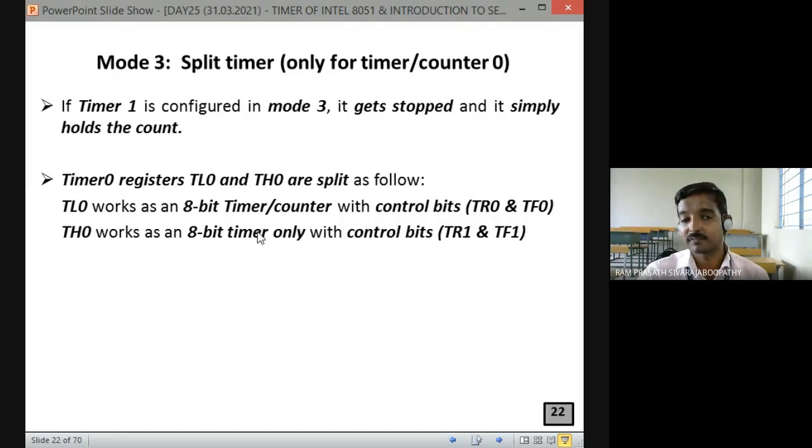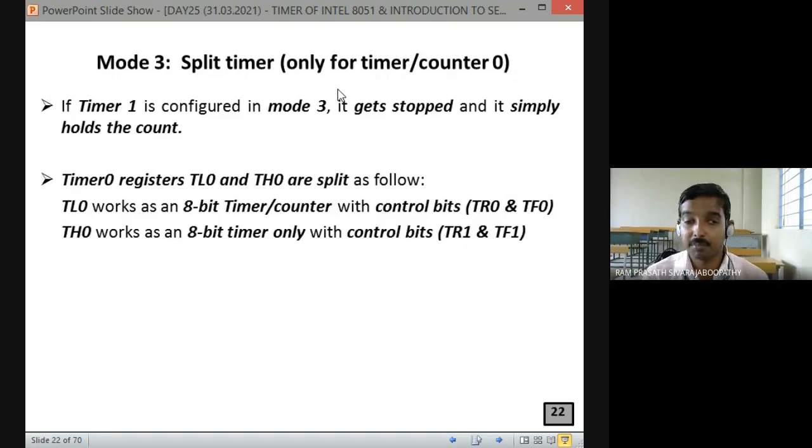That means when you configure timer 0 in mode 3, the control bits of timer 1 are sacrificed. So now if you want to stop timer 1, what should you do? Put it in mode 3. Correct? Fine. To run it, you just configure whichever mode you want to run it in. Fine. The mode of operation can be changed. The start and stop operation cannot be done with TR1 and TF1 if timer 0 is configured in mode 3.